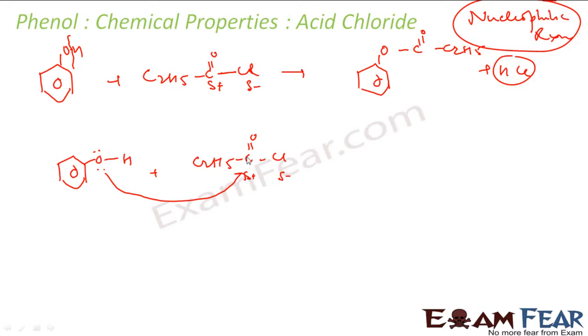And with that it will kick out something. So it will kick out this bond, this bond will break and you'll get Cl minus out, and if you see this O now, it has H and it has COC2H5.